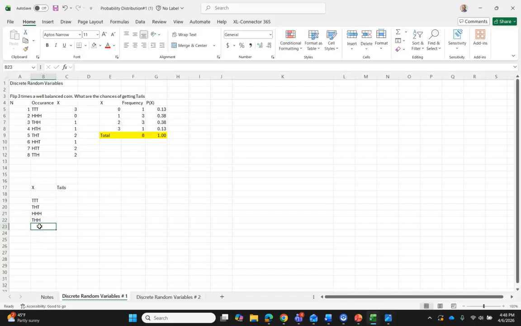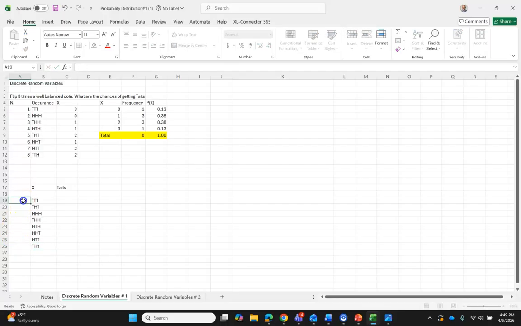And then you can get head, tail, head. And then you can get head, head, tail. But also you can get head, tail, tail. And you can get tail, tail, head.